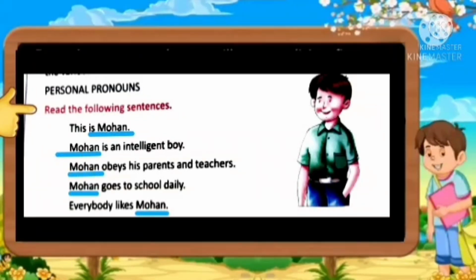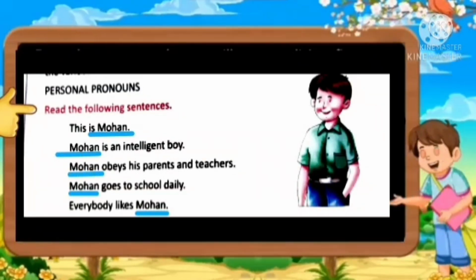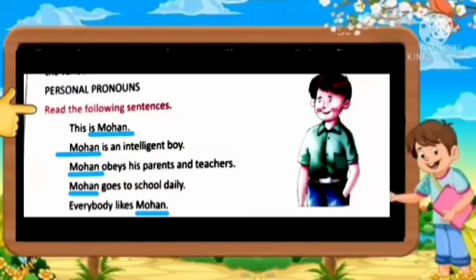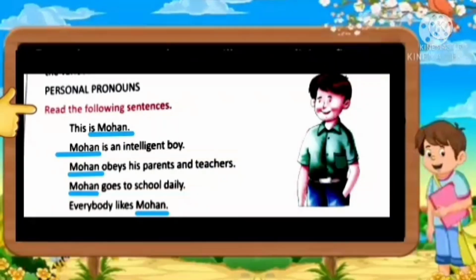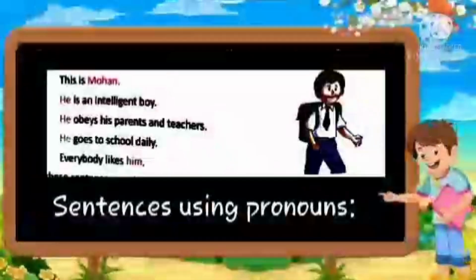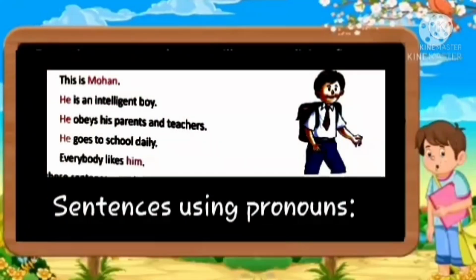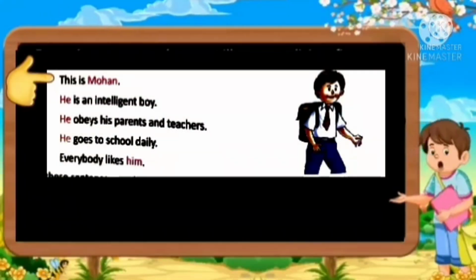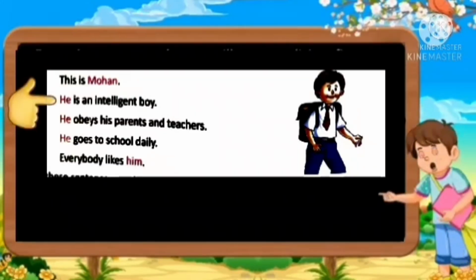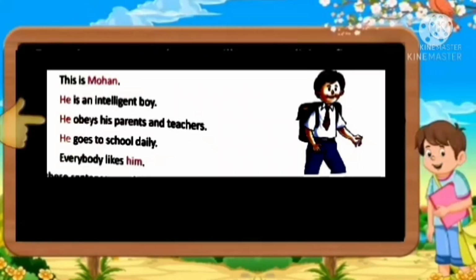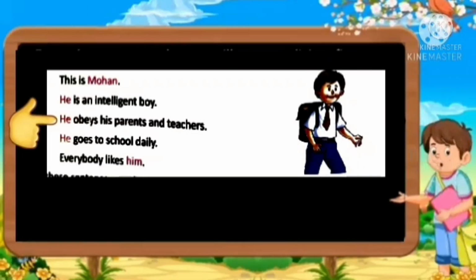So instead of using the same noun again and again, we can use the related pronoun in place of that word Mohan. Thus, the sentences can be written as: This is Mohan. He is an intelligent boy. He obeys his parents and teachers.